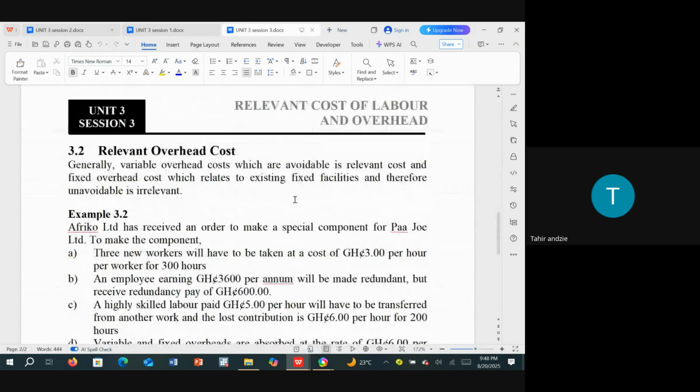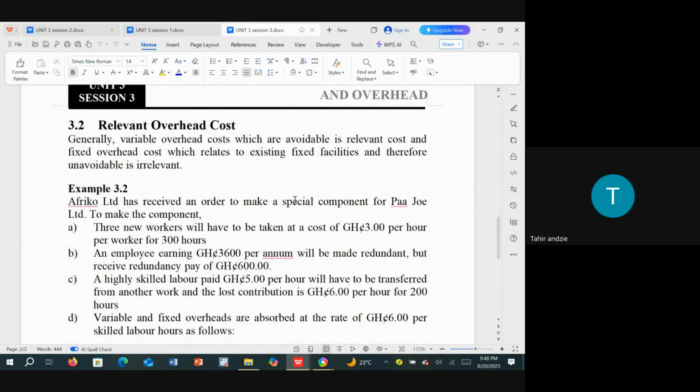Now let's look at the relevant cost of overheads. What you have to know is that generally, variable overhead costs, which are avoidable, are a relevant cost. Once it's variable overheads and you can avoid it, if you do not do something, you will be able to eliminate it.